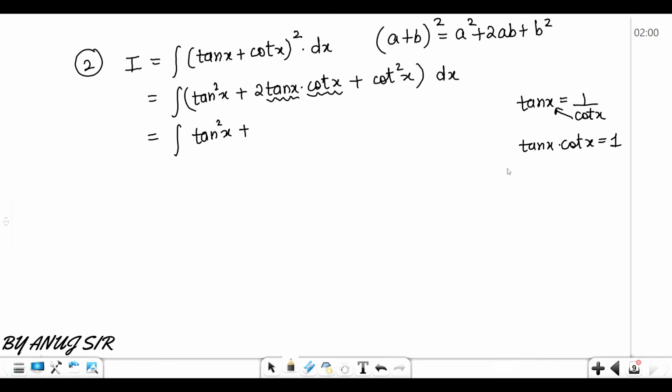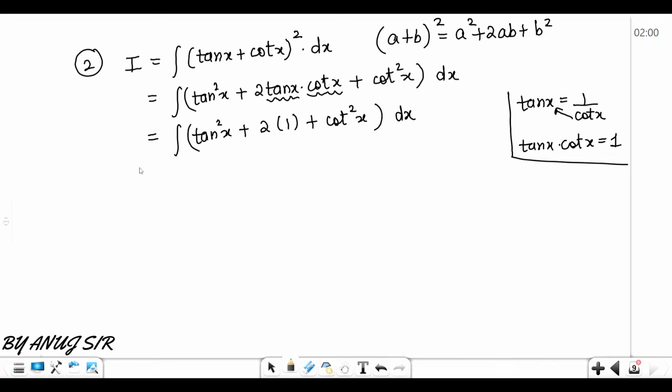Okay, this is from the trigonometry part. So this will be 1 plus cot square x dx. Okay, we haven't integrated yet. We have just opened the power of 2. I hope you understood till here, right?